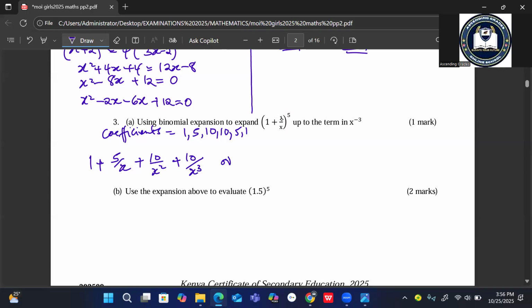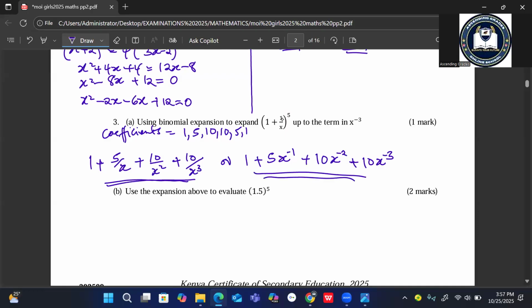This is the same as 1 plus 5x^-1 plus 10x^-2 plus 10x^-3. So you can either give us the answer to be this one, or this one.